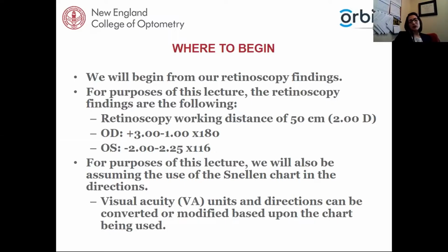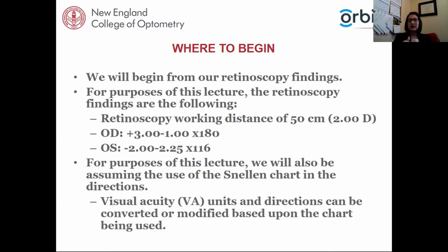We'll also be assuming for this lecture the use of the Snellen acuity chart. By no means do you have to use the Snellen chart, but that is what we use here by convention. The visual acuity, the VA units, I have recorded in the 20-foot equivalent because that's what we use here, but then I also have the meters equivalent because I know that's also commonly used.